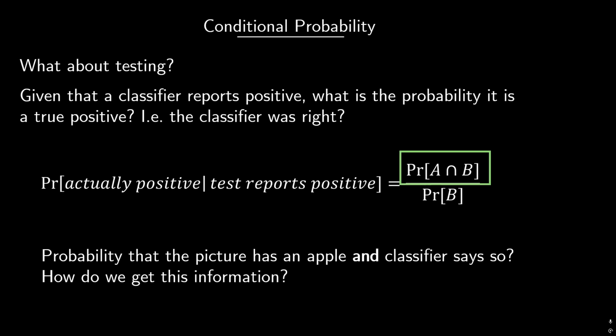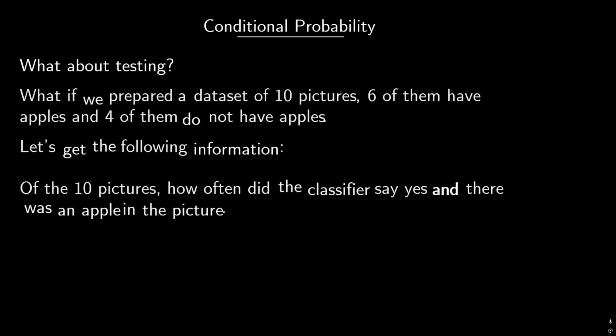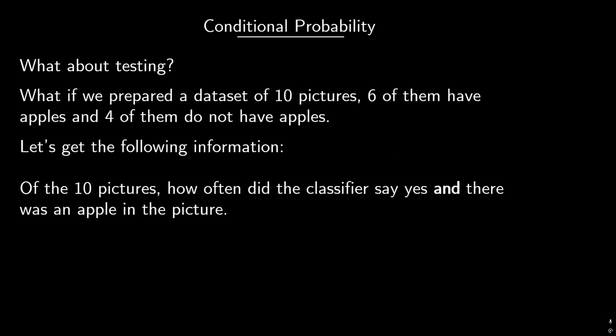So how do we get this kind of information? Let's say that we prepared a data set of 10 pictures, 6 of them have apples and 4 of them do not have apples. Of the 10 pictures, how often the classifier said yes and there was an apple in the picture is basically the probability of A intersect B.